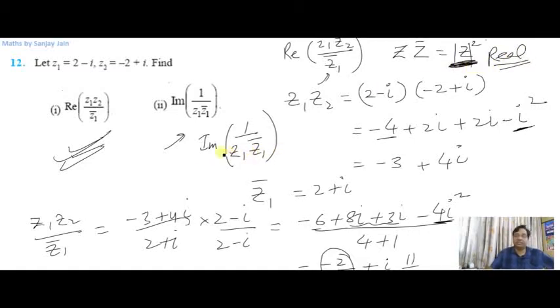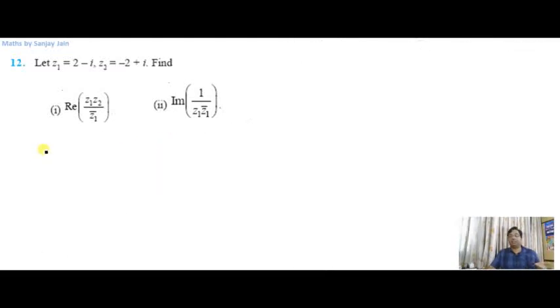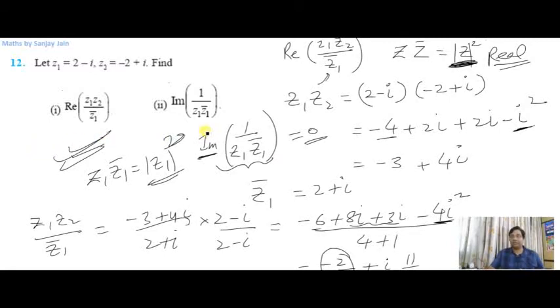So if it is a real number, the imaginary part of this real number will be 0, right? z1 z1 bar will be equal to mod z1 squared. So mod z1 squared is a real number. So the imaginary part of this number is going to be equal to 0. So the answer of the second part is 0, and for the first part it is minus 2 by 5.